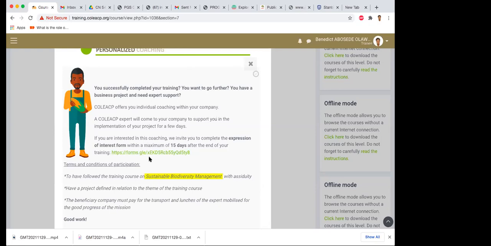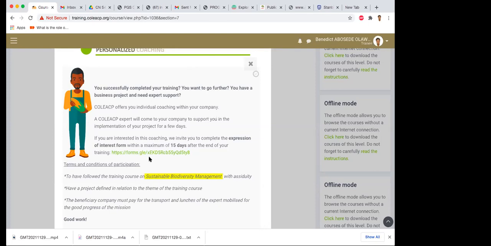So from tomorrow, within 15 days, you're expected to show interest if you want further training on sustainable biodiversity management, which is going to be a physical one on your horticultural farm.